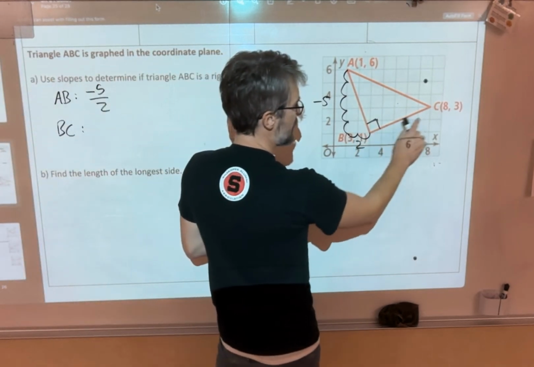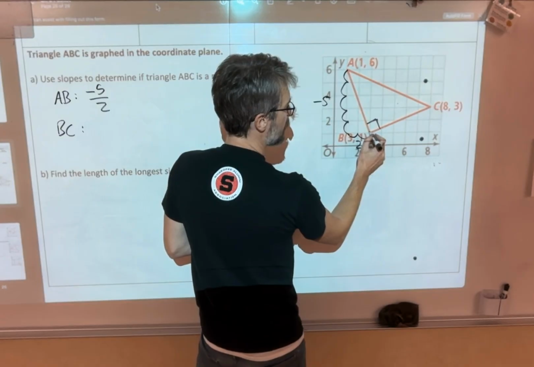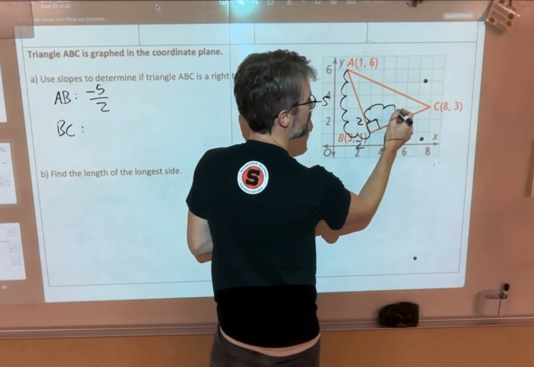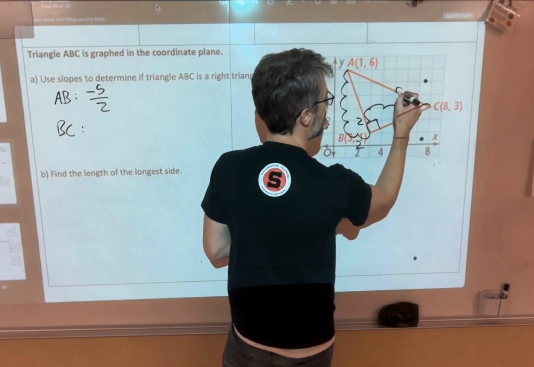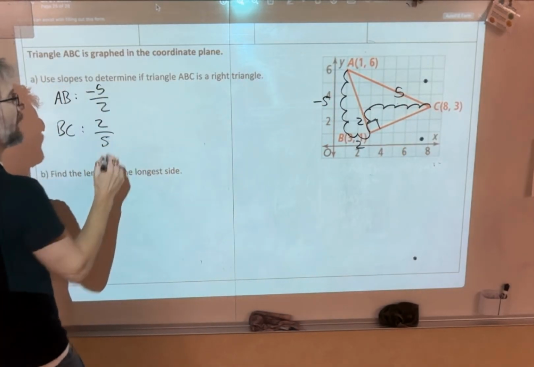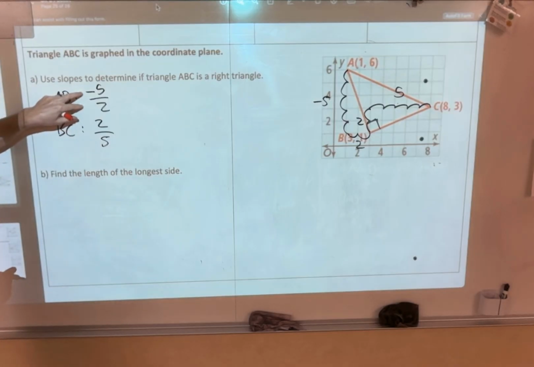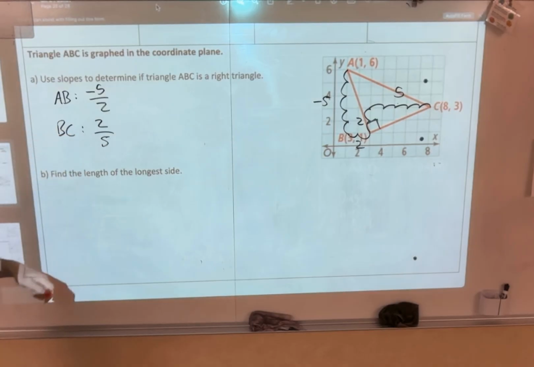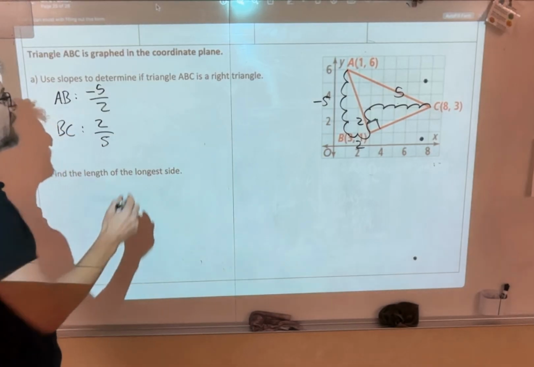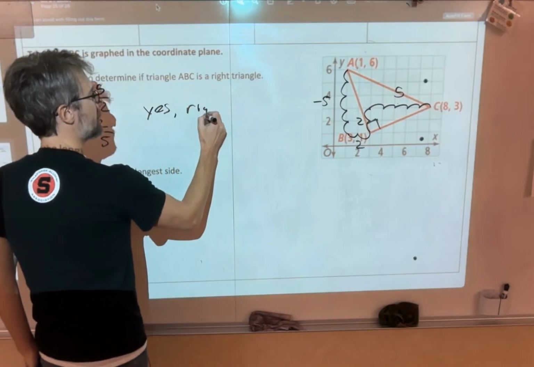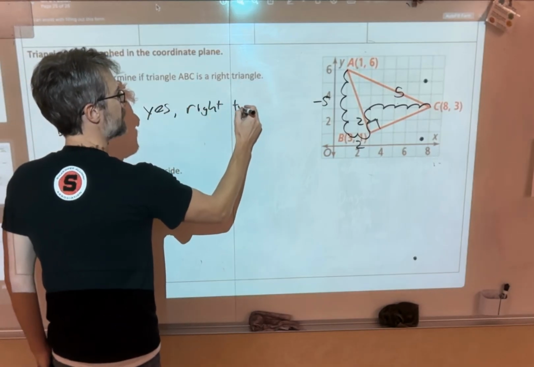To get from B to C, remember you want to count up or down first, 1, 2, and then 1, 2, 3, 4, 5. So that has a slope of 2 over 5. These are opposite reciprocals. They're flipped, and one is negative, one is positive. That means that they are perpendicular. So that is a yes. This is a right triangle.